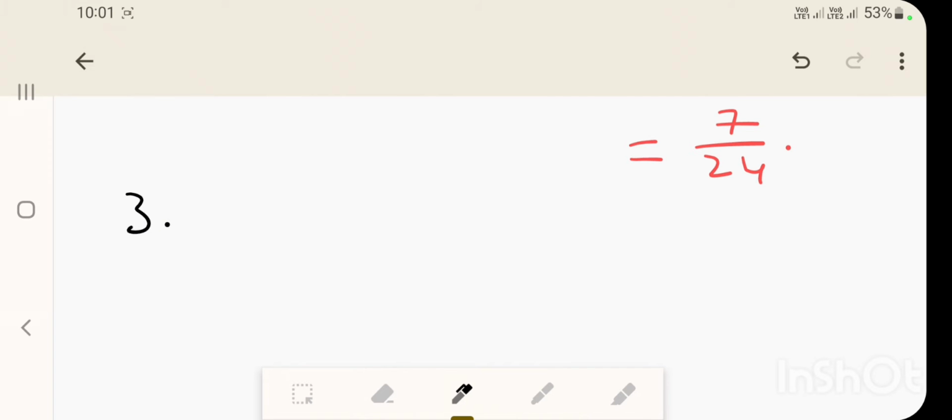Okay. Another problem they can ask, that is in a right angle triangle ABC.